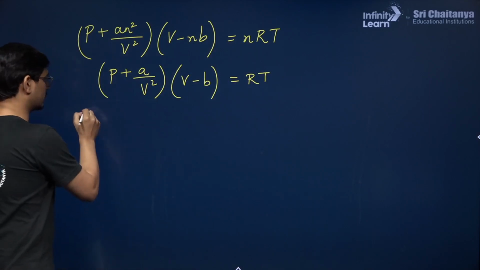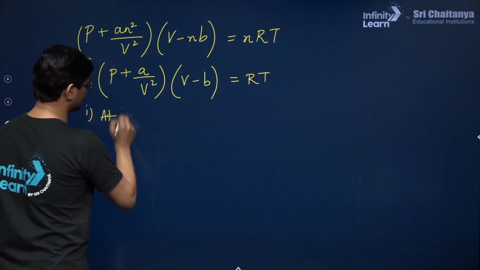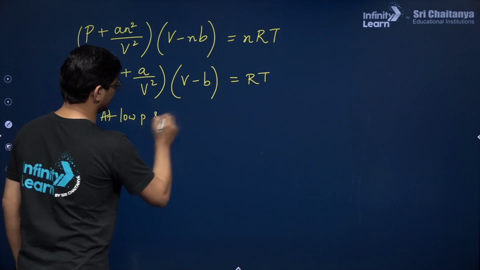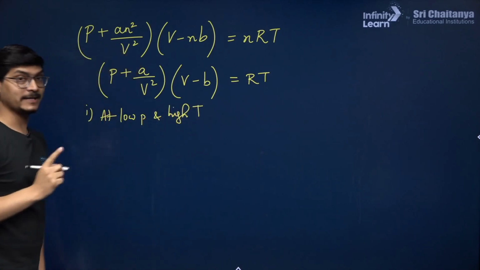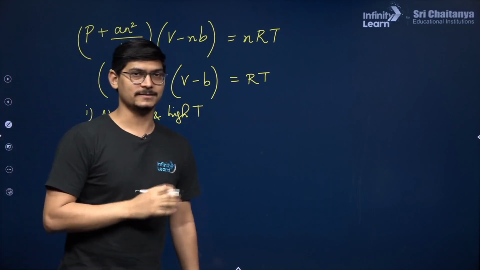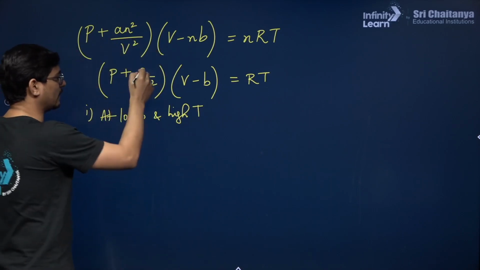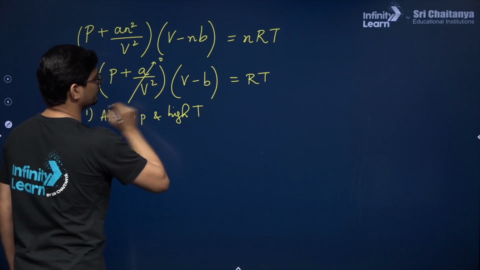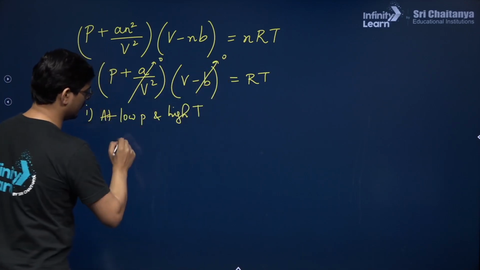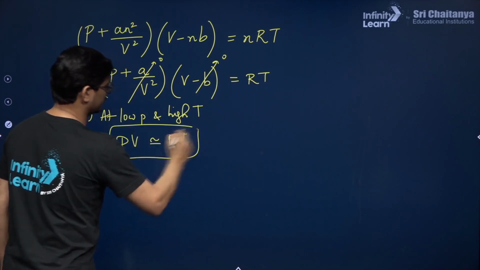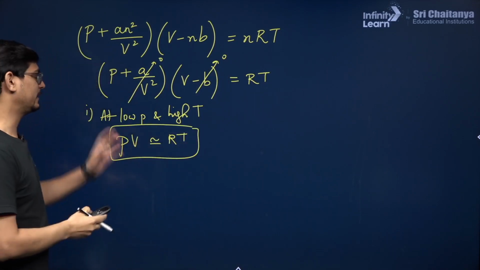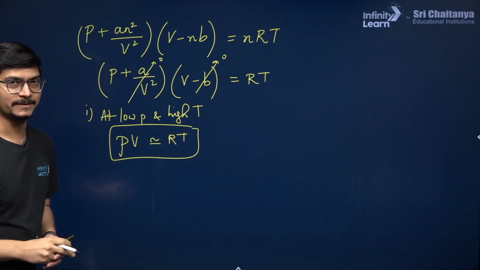So please remember that at low pressure and high temperature, the real gas behaves almost like an ideal gas. So this term will become 0 and this term will also become 0. That means PV will be approximately equal to RT. Mathematically we have shown that the real gas is behaving almost ideally.